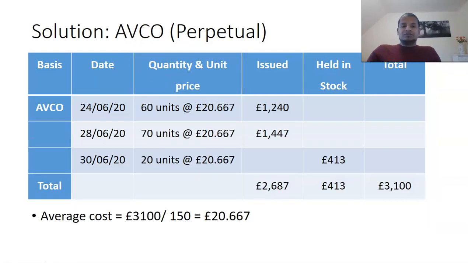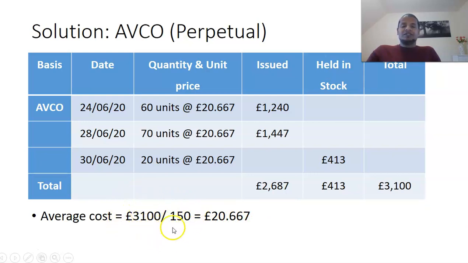And the next one is average costing. It's very simple, simpler than the previous two methods. The first job in average costing, AVCO, is to calculate the average cost per unit. The total cost of purchase was 3,100.